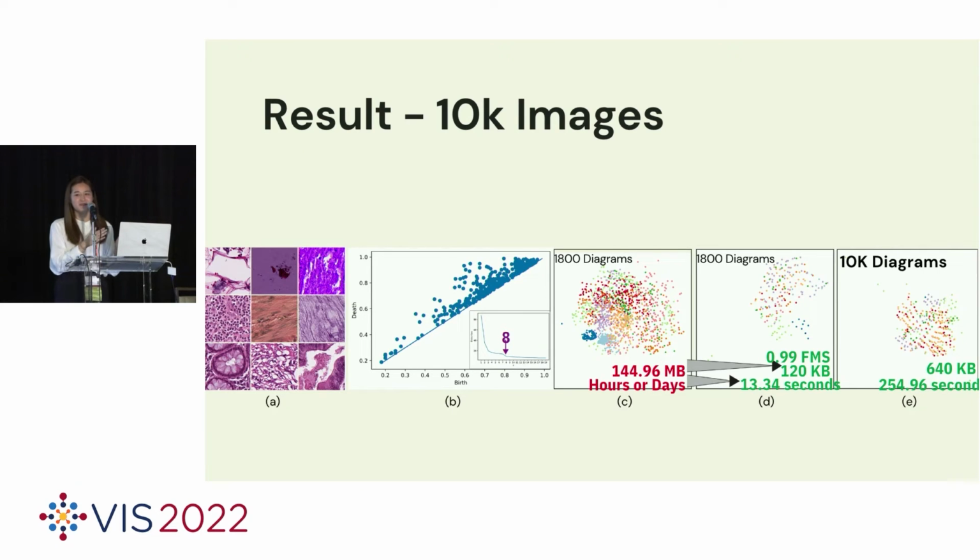Since there is a time limitation, I don't have time to talk about details of these methods, but feel free to ask me after this talk. Here I just show a result for medical images, for a large data set of 10K images, and we are able to generate the corresponding topological descriptors. Here is the persistence diagram for each image, so the number of diagrams is 10K, the same as the number of images.